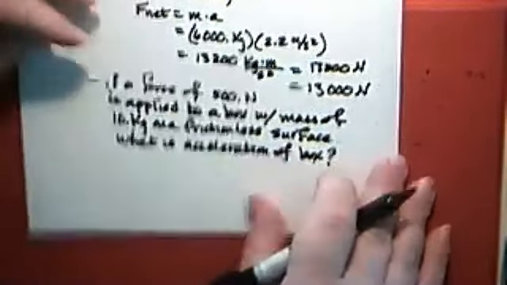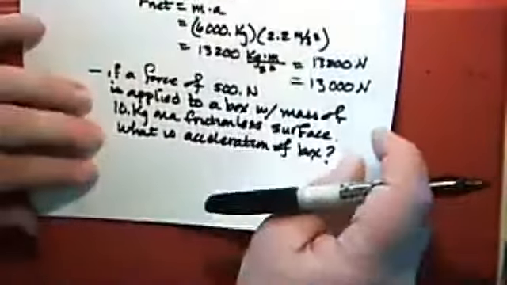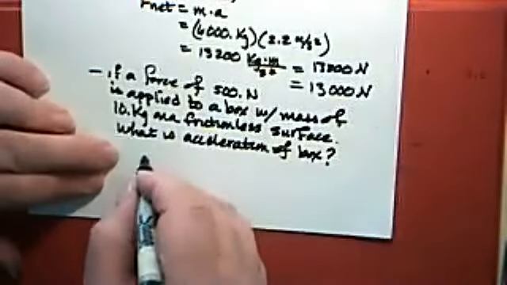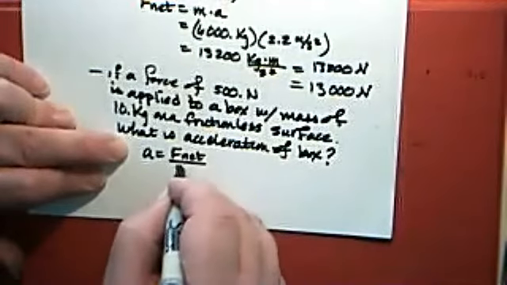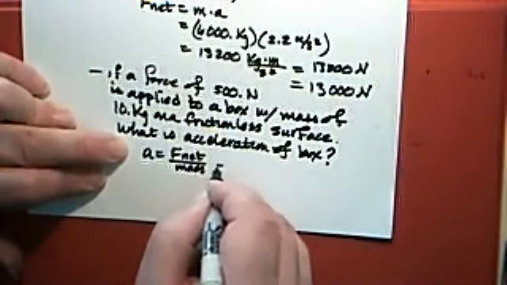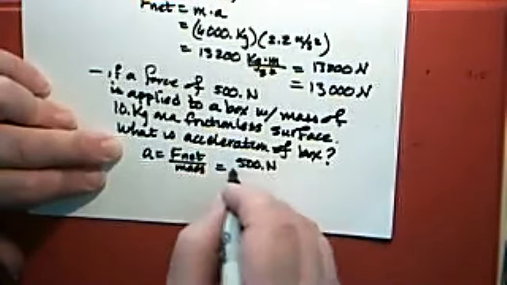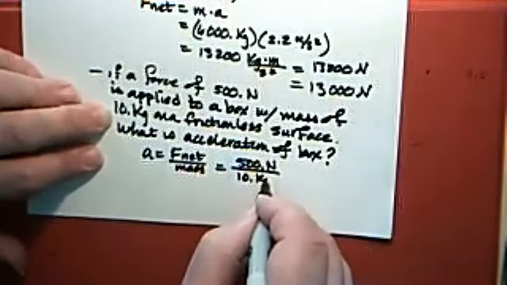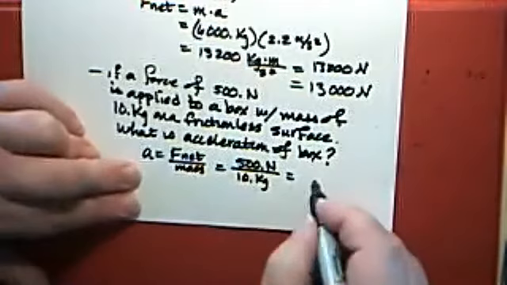All right, well, we saw up above here, acceleration is just force divided by mass. We've already got SI units for the force and the mass. So we have 500 newtons divided by 10 kilograms, and that would be 50.